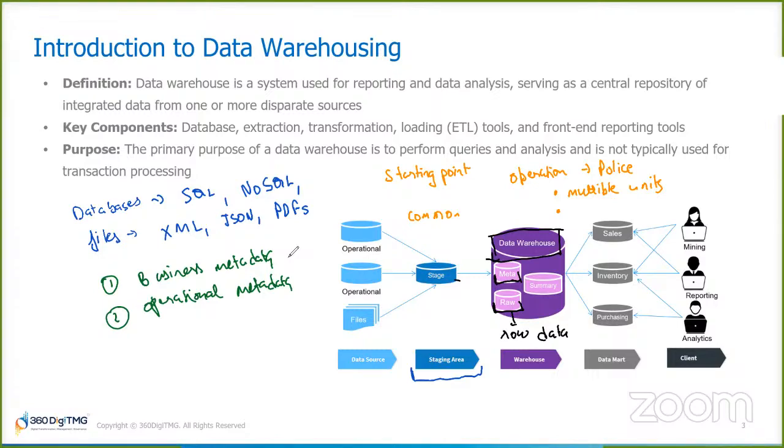So, data currency is going to determine whether the data that we have is active, that means it is actively being used, or is it inactive? And inactive can mean archived.